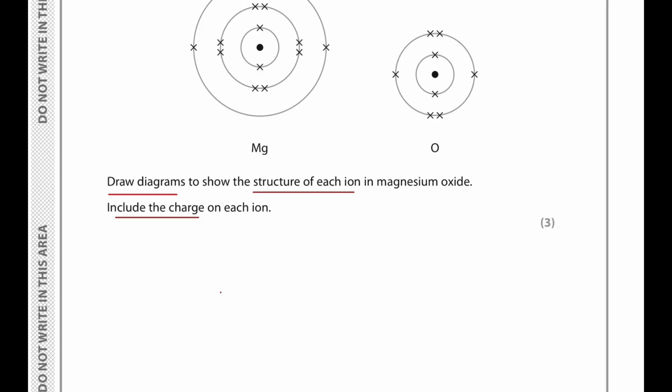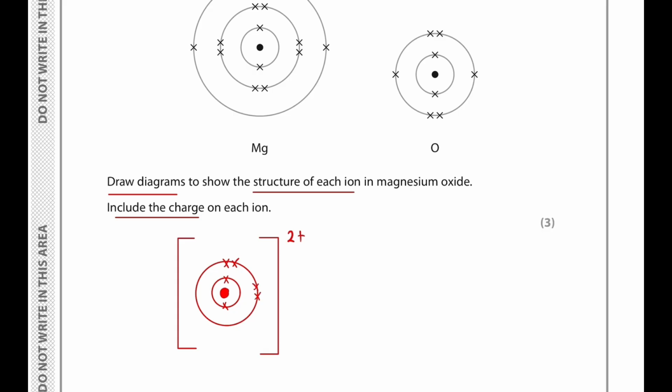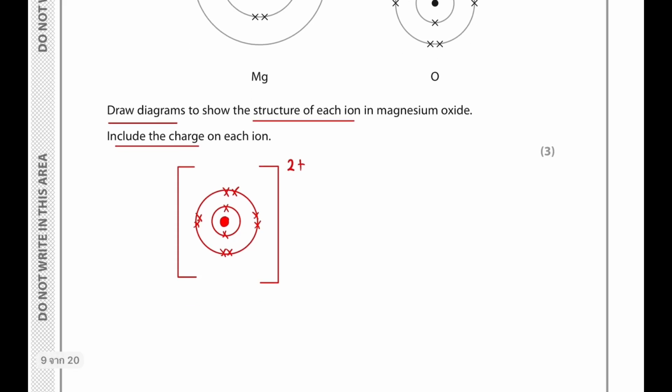So we have nucleus. Then we have first shell and second shell with the 2 positive charge. So we have 2 electrons in the first shell and 8 electrons in the second shell. So this is for the magnesium ion.